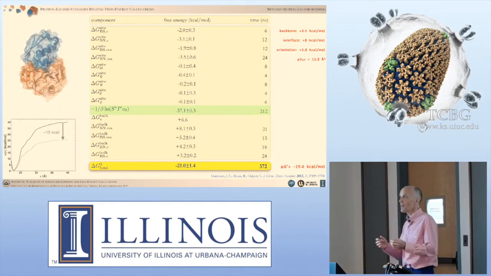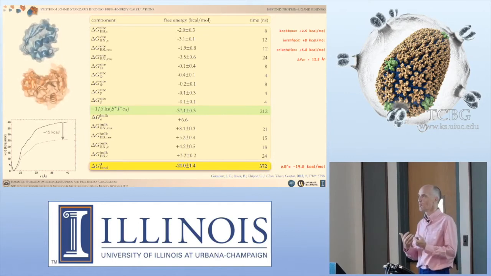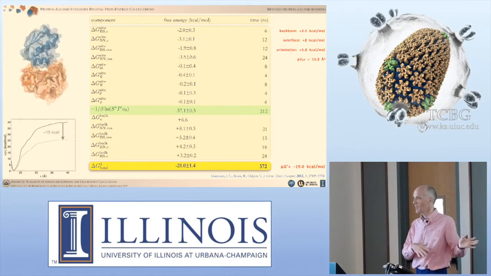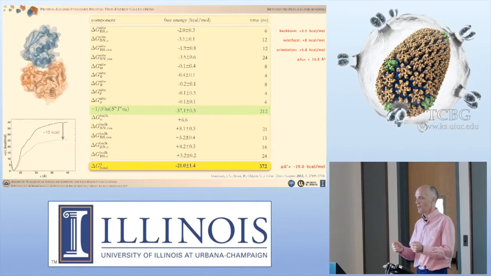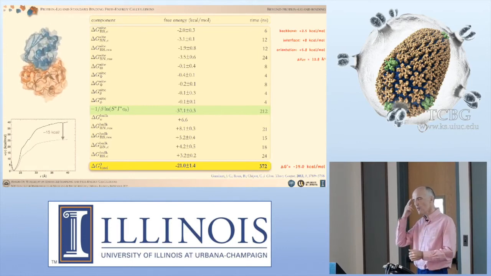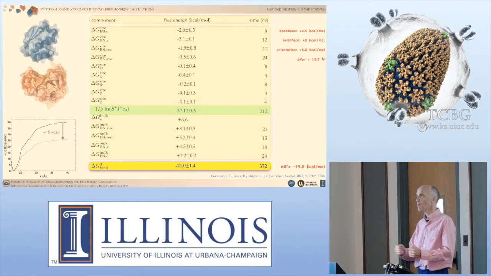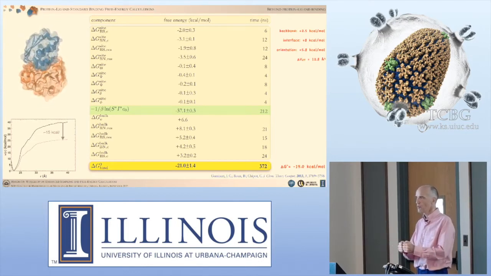Well, the fact is when you do the PMF, which is like the most time-consuming PMF of all PMFs, which is the separation PMF, people always think in terms of pulling. We're not pulling. We're separating. I mean, eventually we see them separated, but we do that at equilibrium.